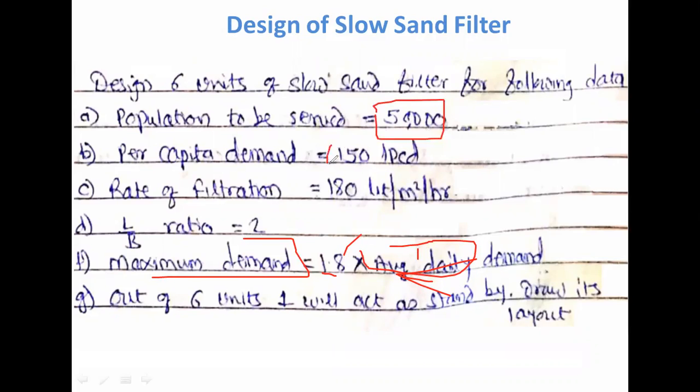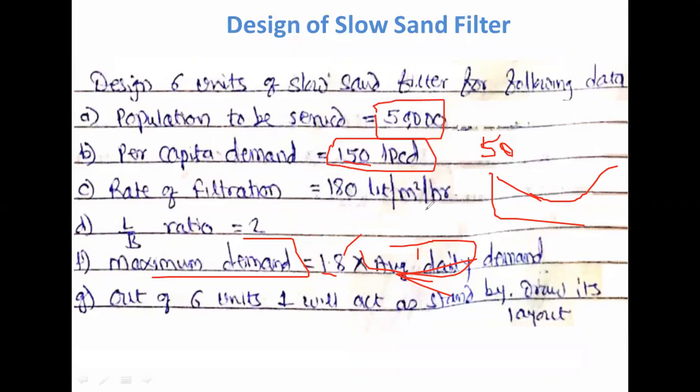This per capita demand of 150 LPCD is the average value. But we have seen that there is a fluctuation in the demand within 24 hours. In the morning demand is more, then in the afternoon it will reduce, and then again it will increase. We have seen such a curve in unit number 1, the variation in the demand.